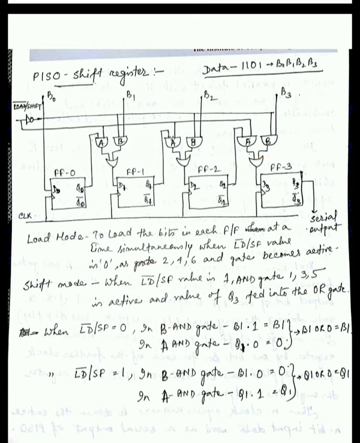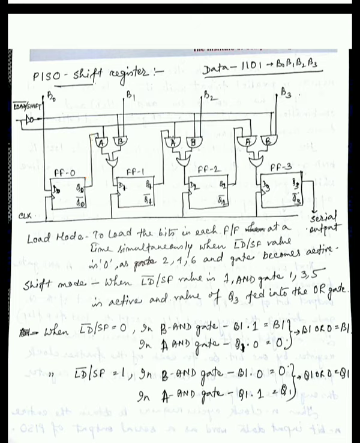You see here, it is a simple, easy circuit. One combinational circuit is required, and it needs two AND gates. In the two AND gates, one input is the input bit, and the other input is the output of the previous bit.